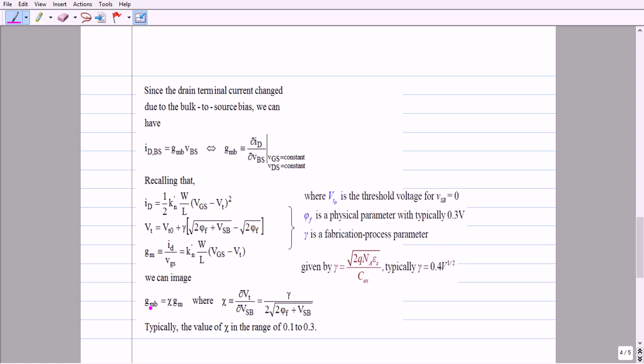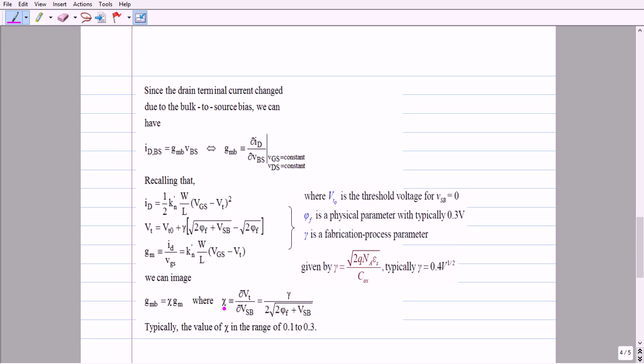GMB is a fraction of GM, so we can write GMB equals X times GM, where X is given by dou Vt by dou VSB, that is the rate of change of threshold voltage with respect to the source to bulk voltage.